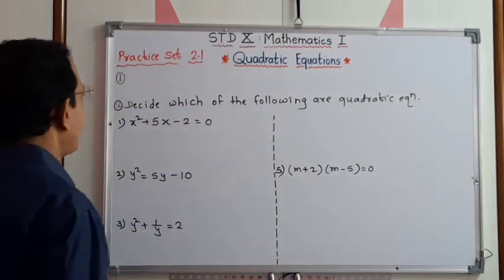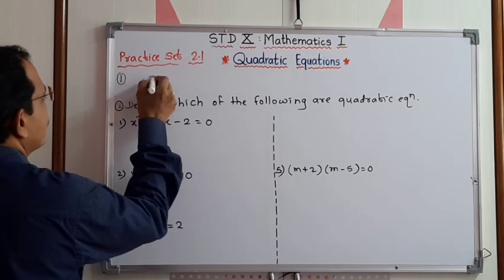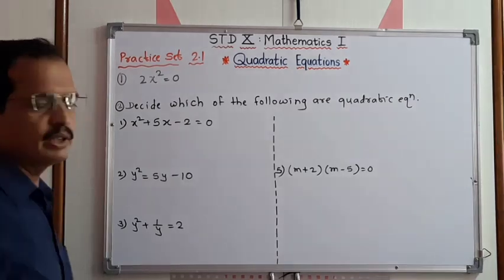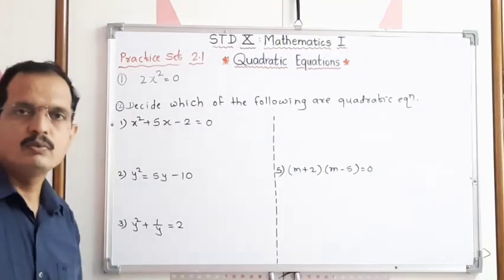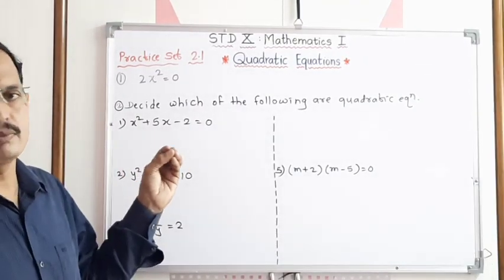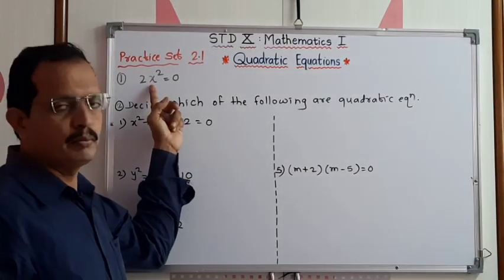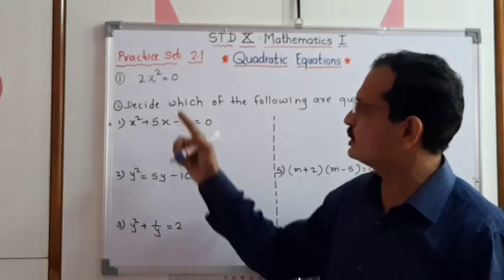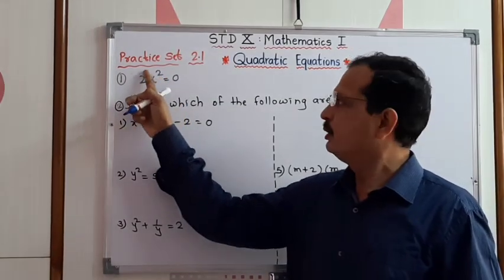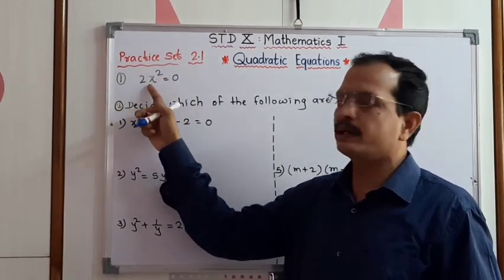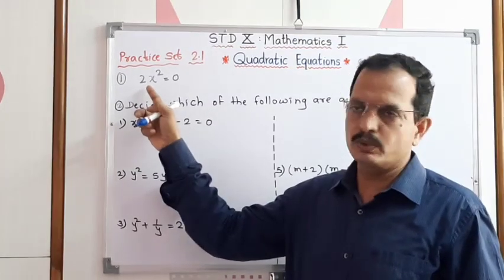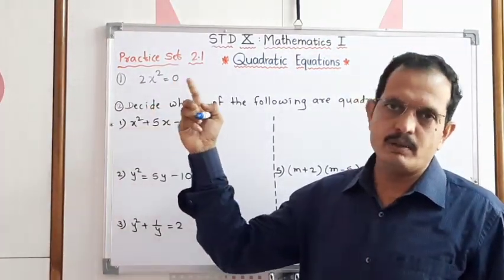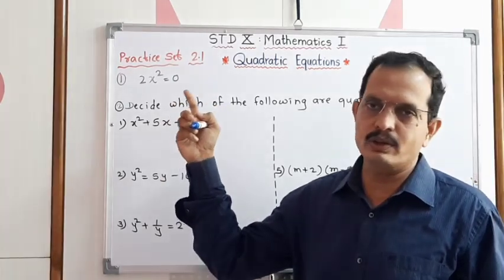Suppose, see, I write here 2x square equal to 0. This is a quadratic equation. What is the condition? In the equation, the variable is one, the maximum index of that variable is 2, and the coefficient of the quadratic term is not 0, then it is a quadratic equation. Ax square plus bx plus c equal to 0.